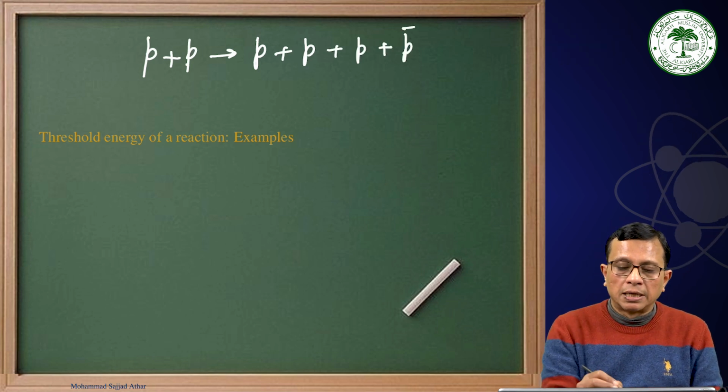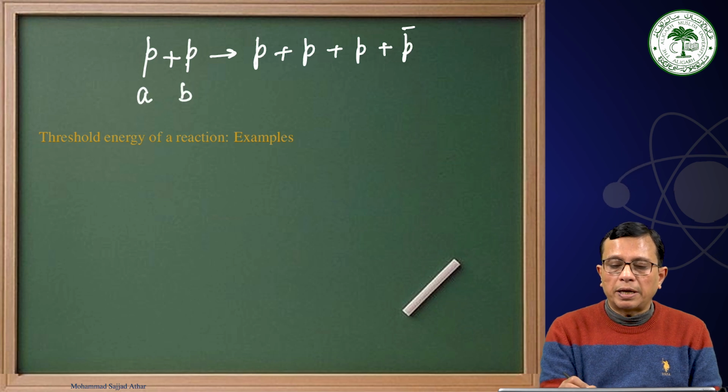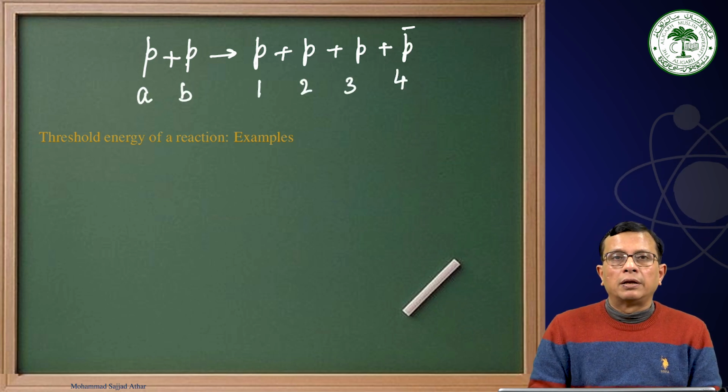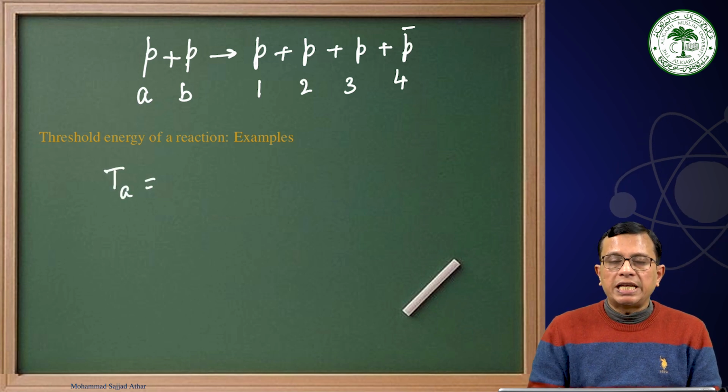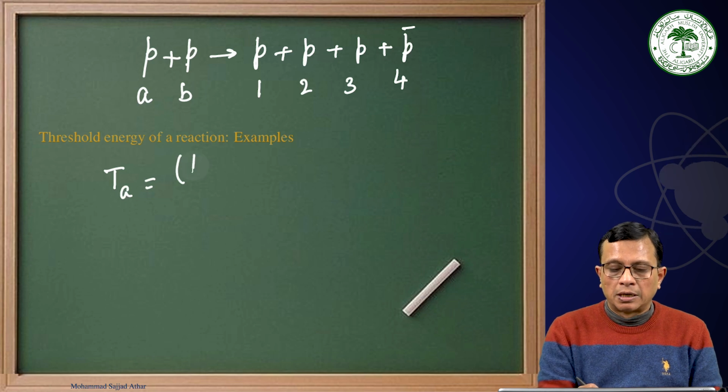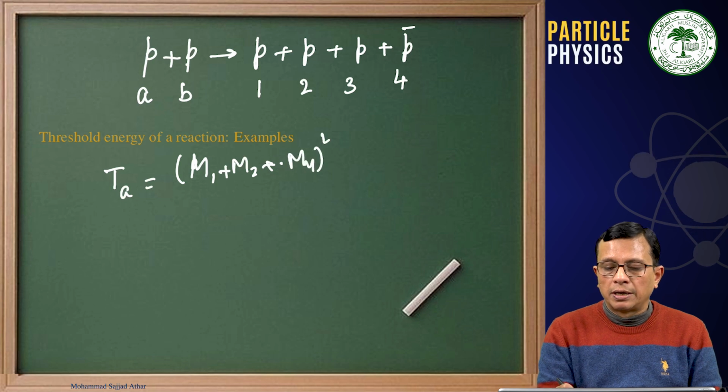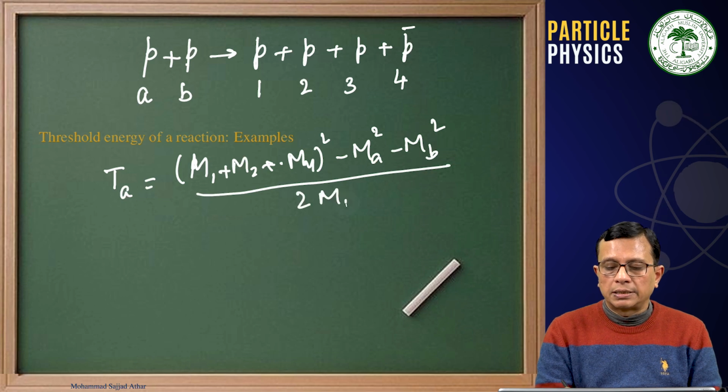If you notice, this is my A, this is my B, and these are 1, 2, 3 and 4 different particles. Then recall the definition. TA is (M1 plus M2 plus M3 plus M4) square minus MA square minus MB square upon twice MB.